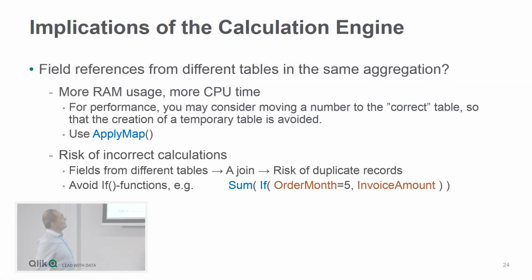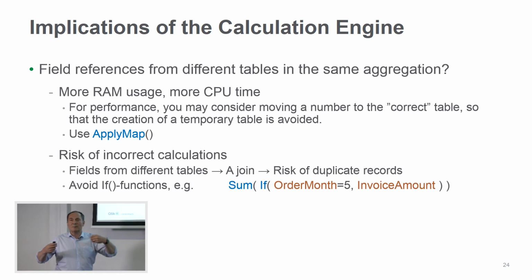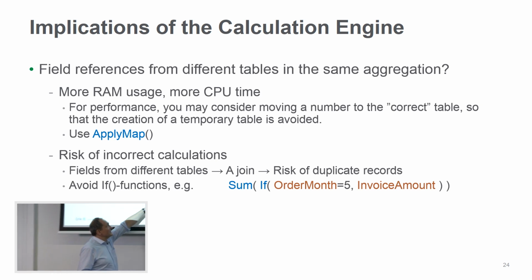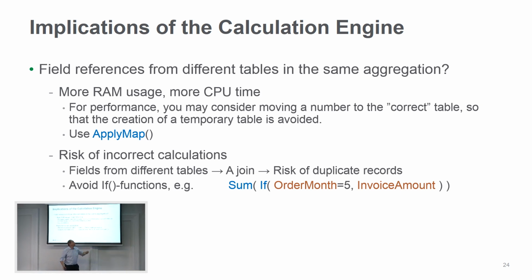There is also a risk of incorrect calculations. Again, if you have fields from different tables, that means a join. And like I said, a join could cause duplicate records. And I'll give you this example. If you have an if function inside your sum, here you say sum of if order month equals 5, May, then invoice amount.